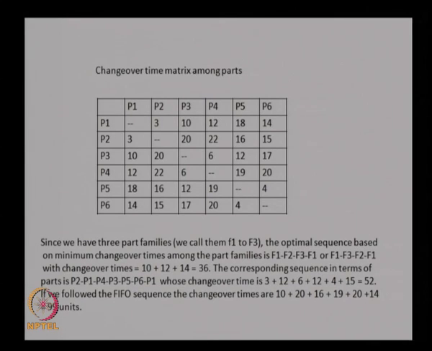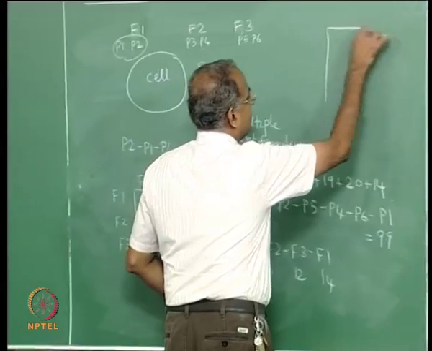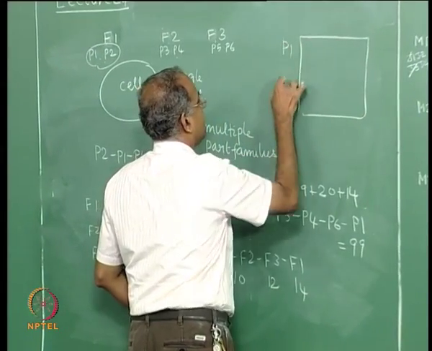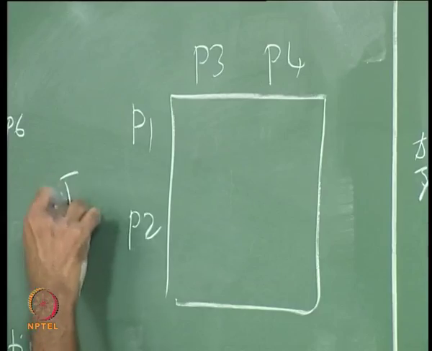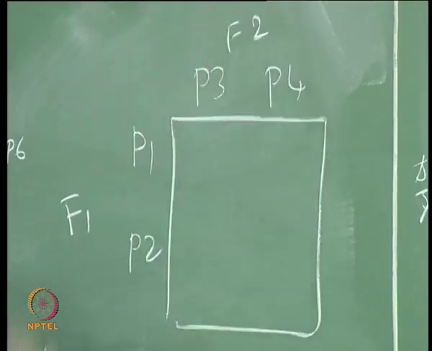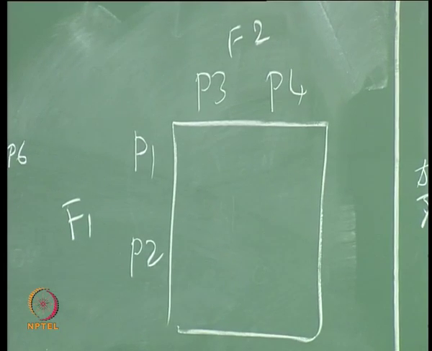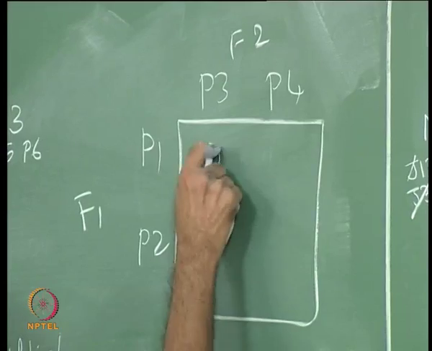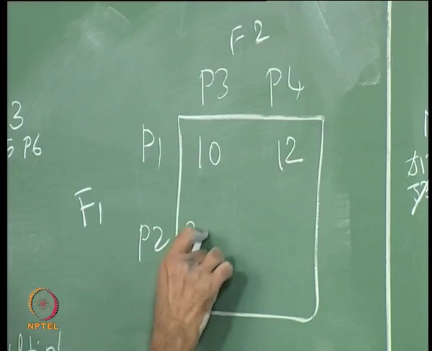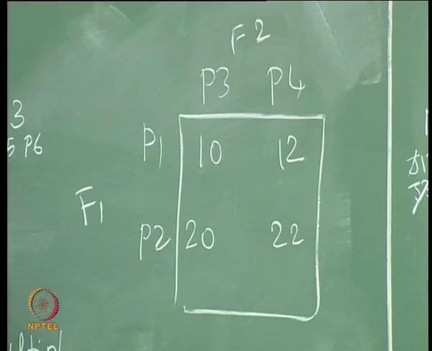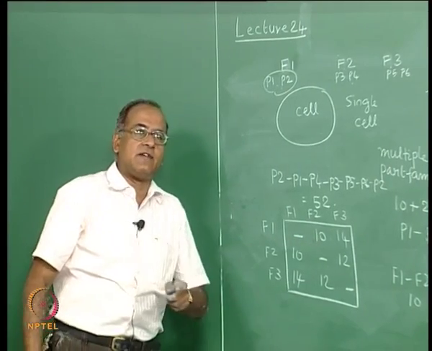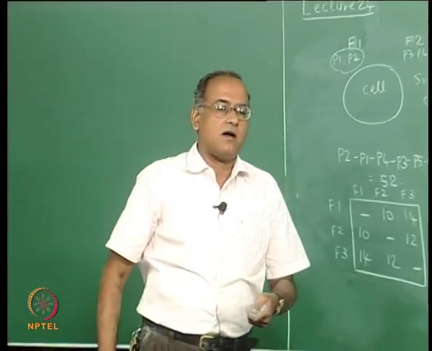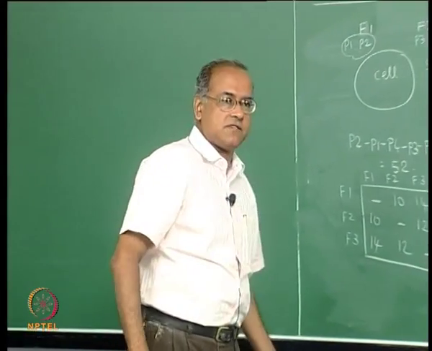So, we look at the small matrix between P1, P2 and P3, P4, which is the matrix between F1 and F2. If we go back, we realize that the values are 10, 12, 20 and 22. Now, as a representative measure, we take the minimum of these values. Sometimes we could even take the average of these values, or even the maximum of these values.